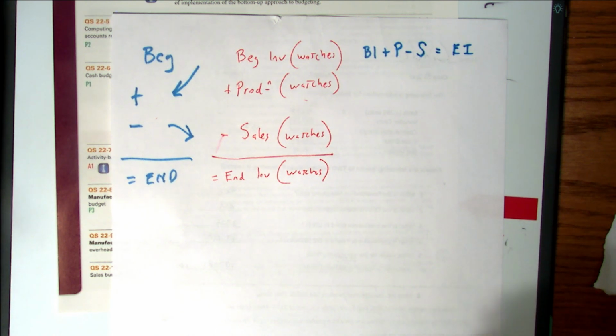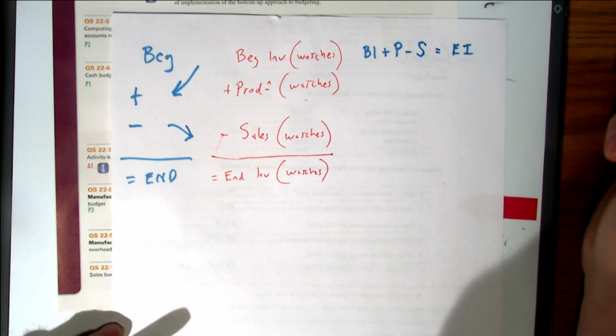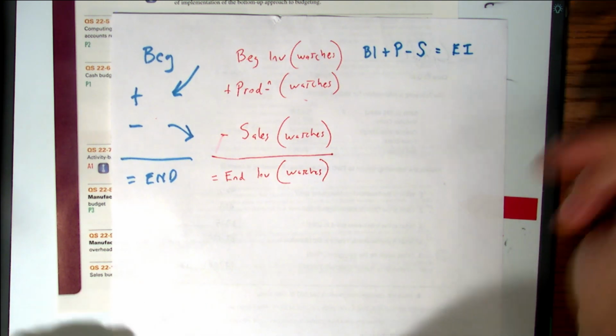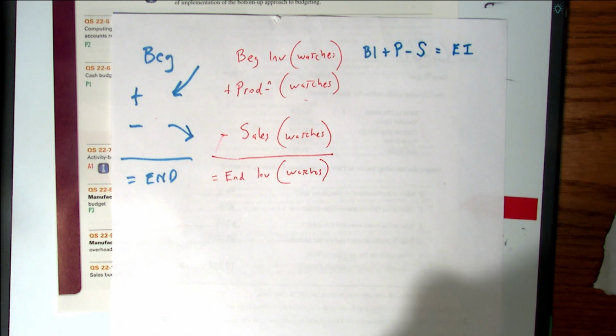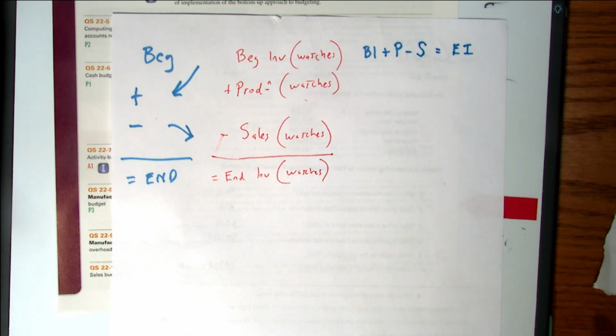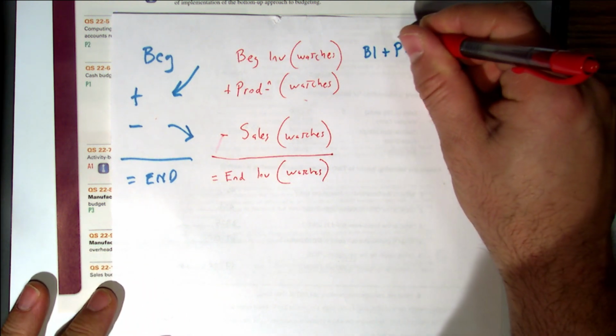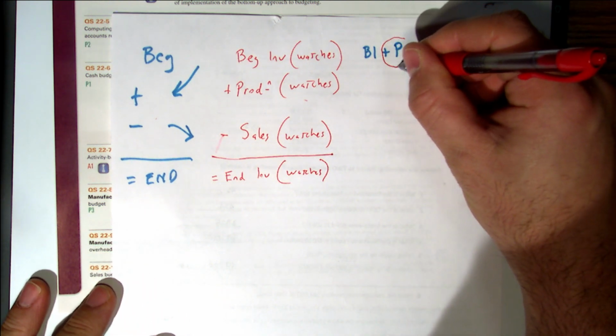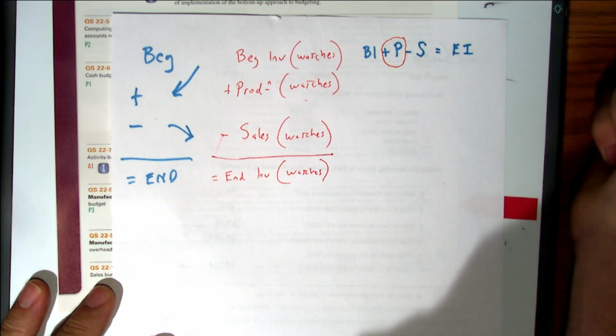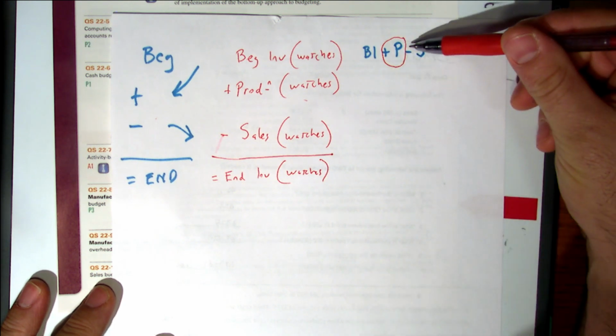Now the next thing that I do is I see what they are asking us to do. Take a look at Quick Study 22.8. What type of budget are they asking us to prepare? Production budget. They're asking us to do a production budget. So then I circle the variable that they're asking us for.